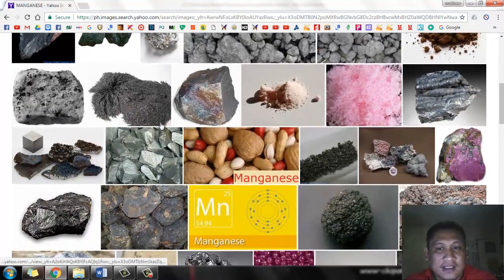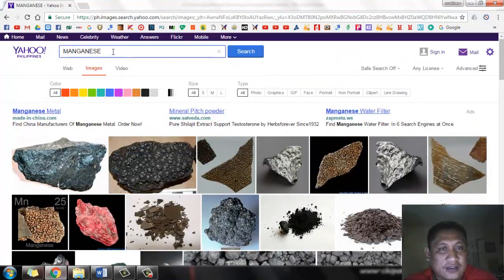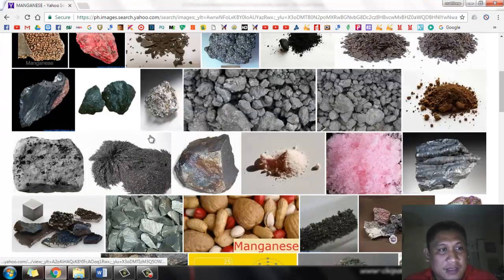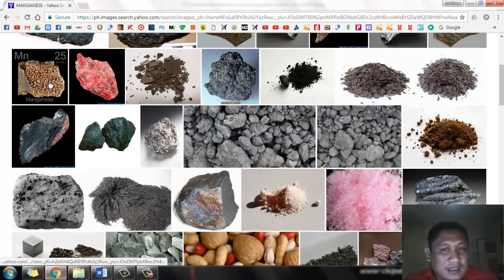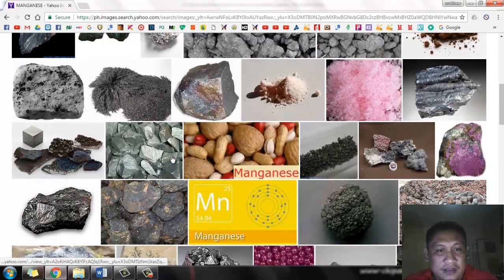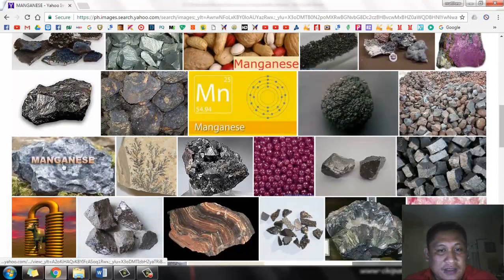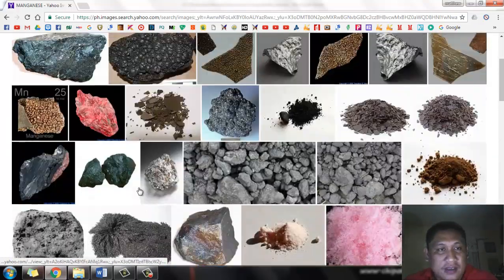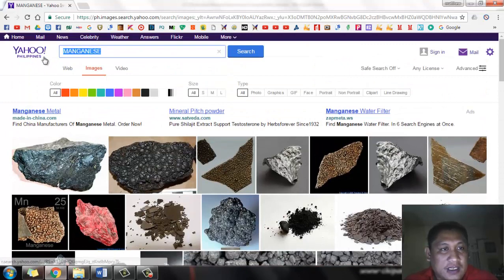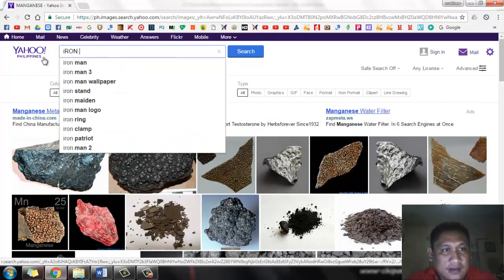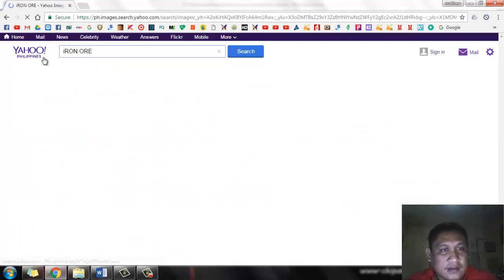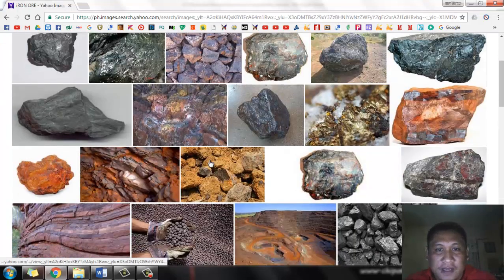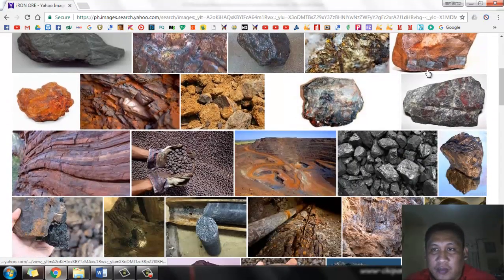See? Try nyo. Iron ore. See, try to look at that one. So, this one, Mn manganese. So these are pictures of manganese. Manganese ore. This one is the manganese ore. Let's look for iron ore. Wait. Here are some pictures of iron ore. See?